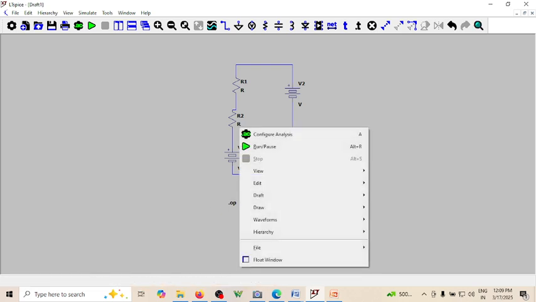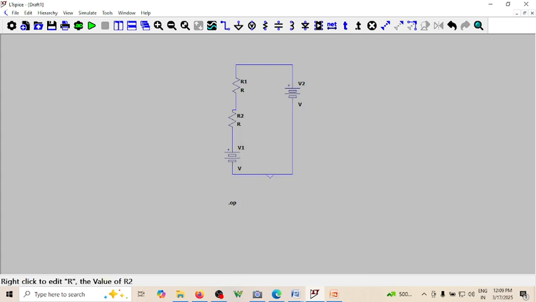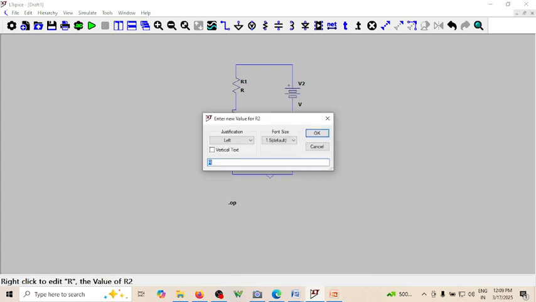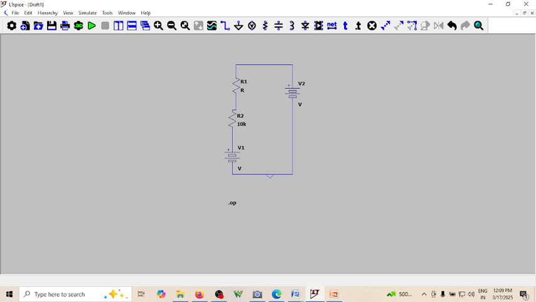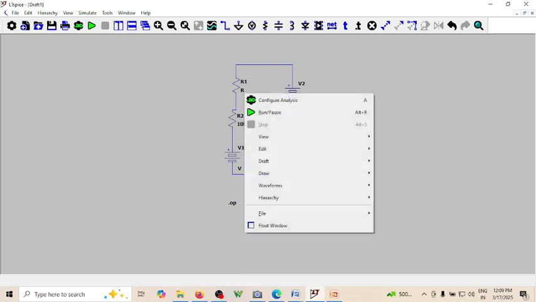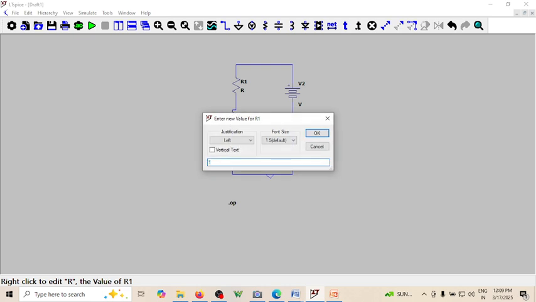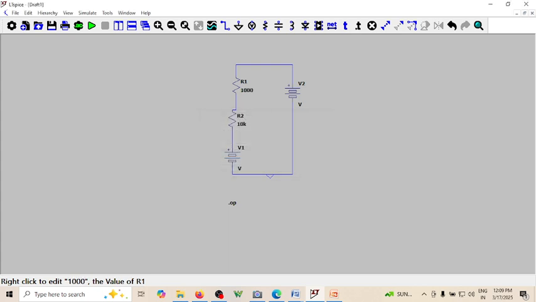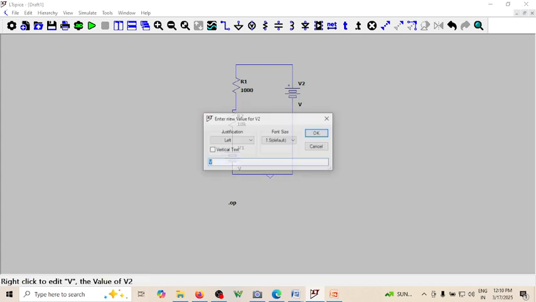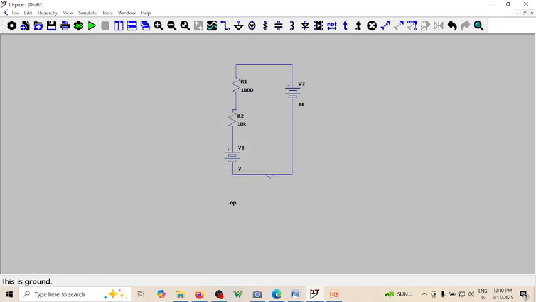This resistance is how much? 10k. This is now 10k. This is 1000 ohm. This is 10 volt. This is 25 volts.